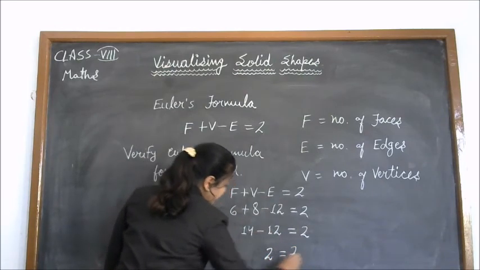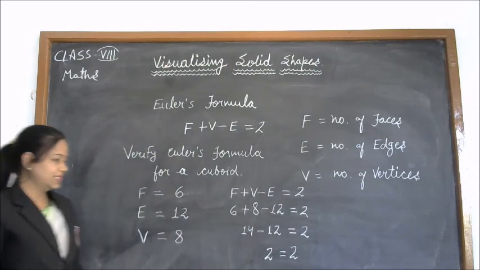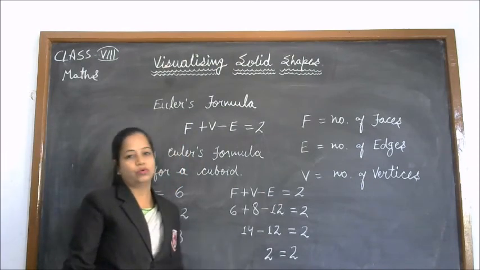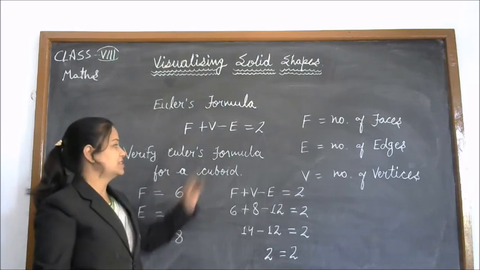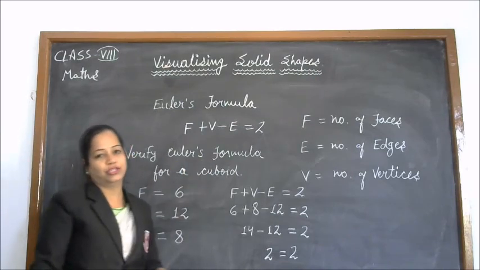Means 2 is equal to 2, LHS is equal to RHS. So we have verified Euler's formula for a cuboid.